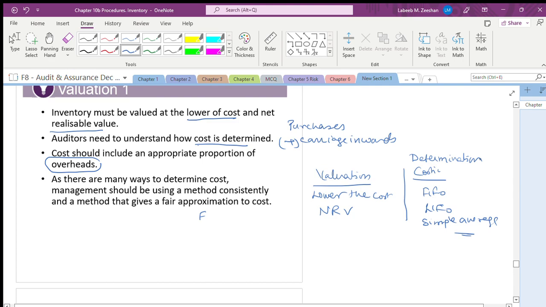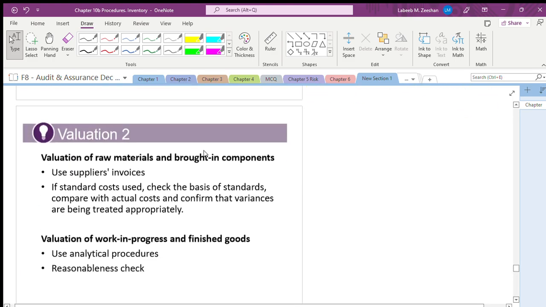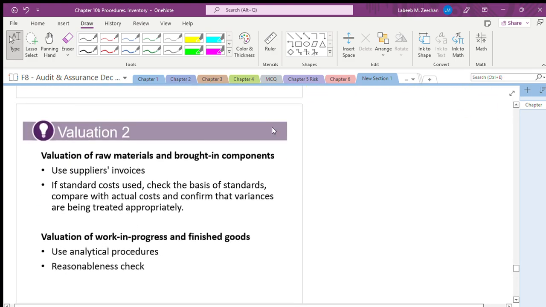So basically we are not concerned about that. We are concerned about this only. Valuation of raw materials.